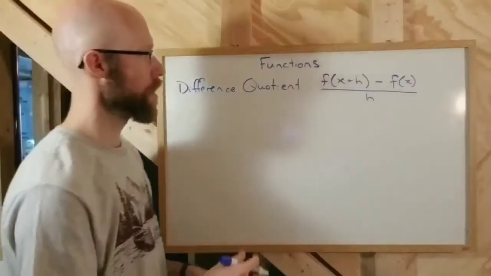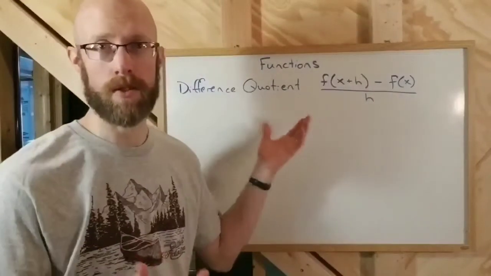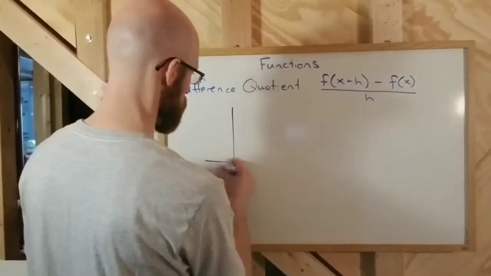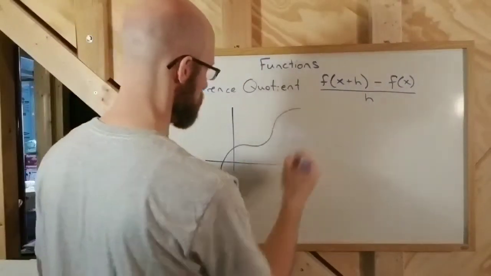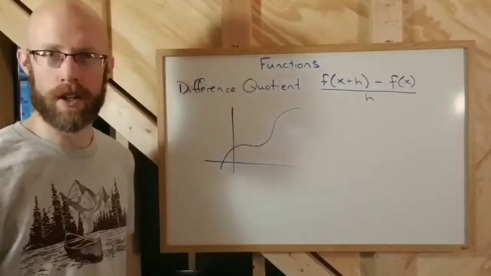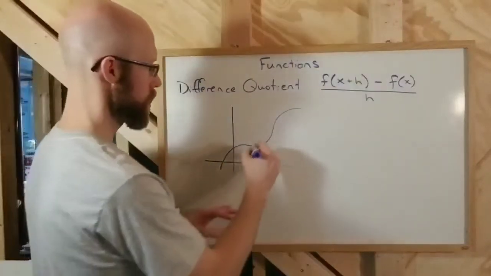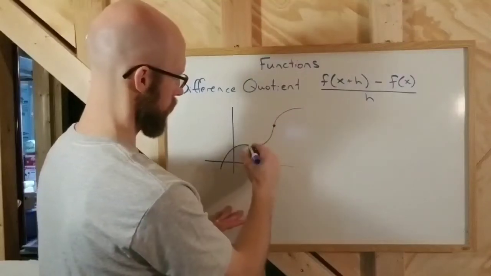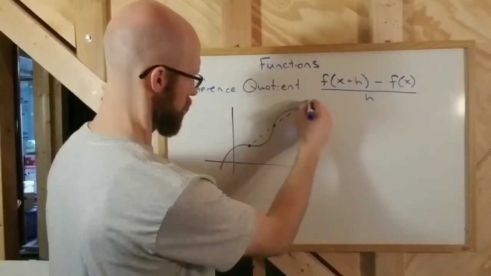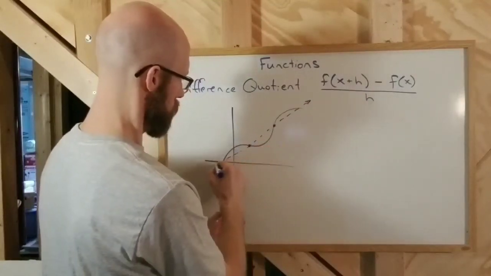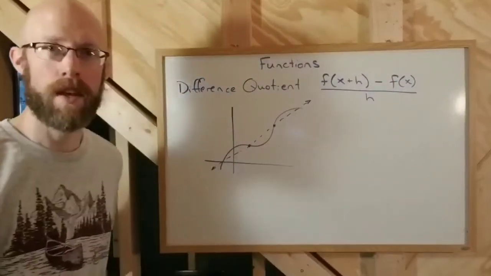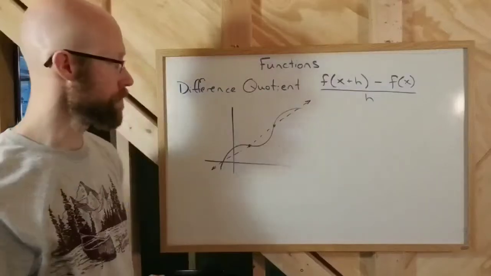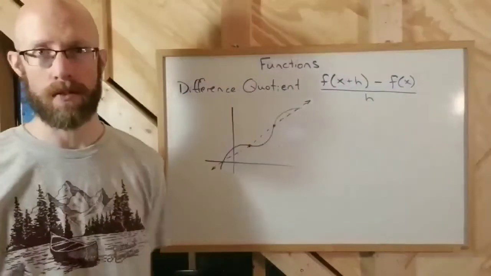Well, in calculus, what you'll find is that you'll have these graphs showing up. It's a graph of a function. And on the graph, if you took 2 points and connected them with a line, we call that a secant line, you can find the slope of that line essentially using this formula.